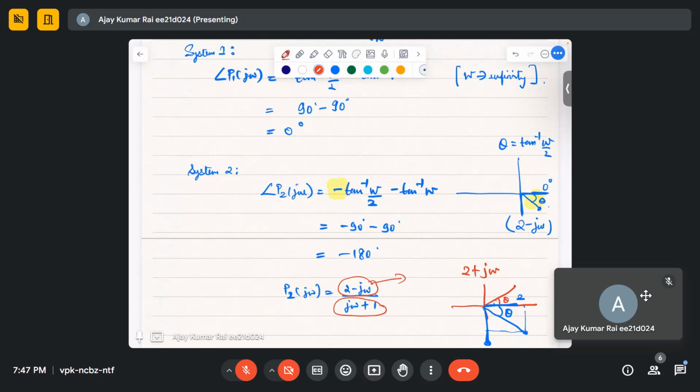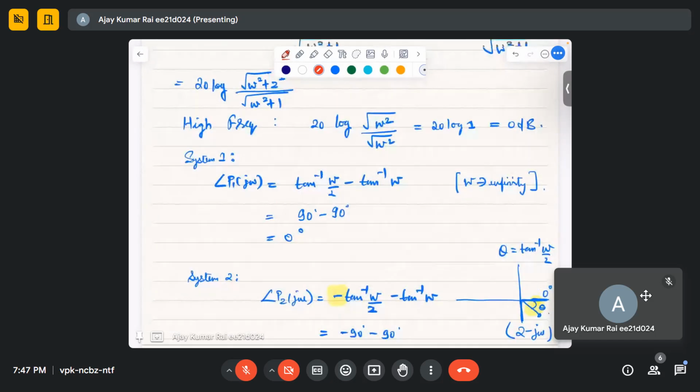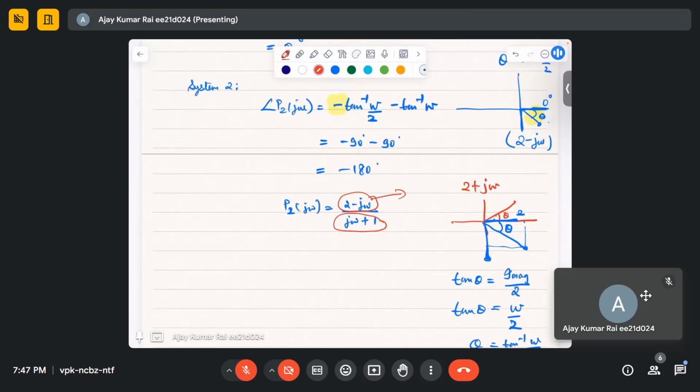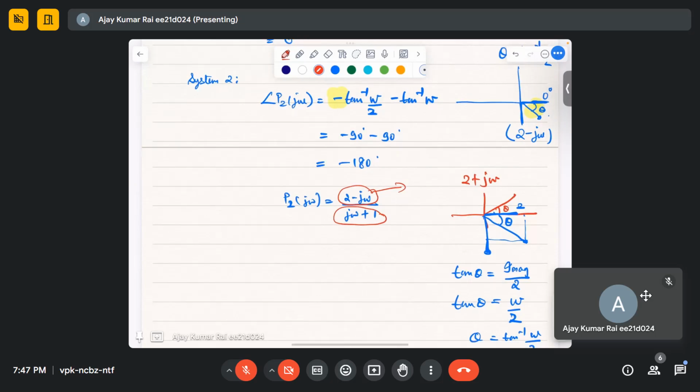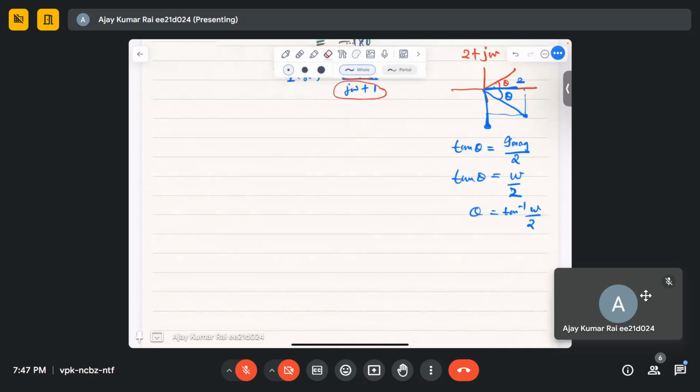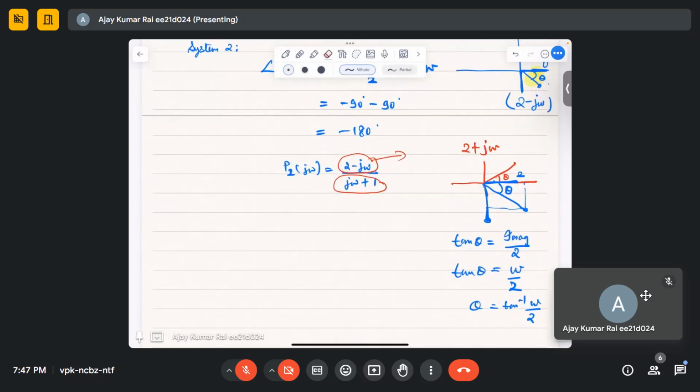Also, you can do it like this. 2 minus j omega, let me check, yes, it is correct. If you want, you can also take the positive value, then you have to take 360 minus theta.